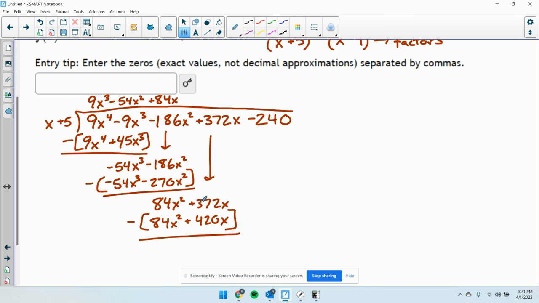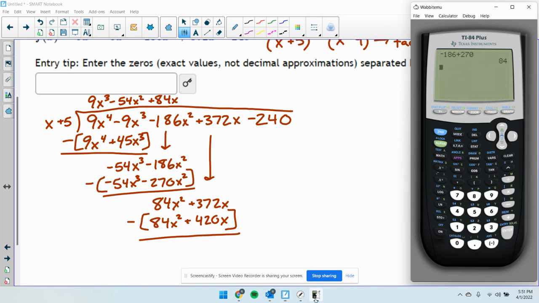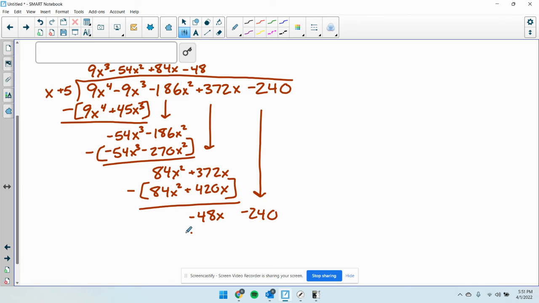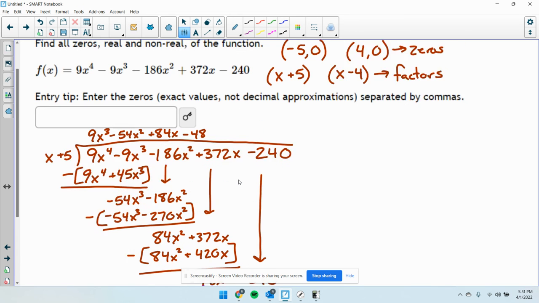They cross out. 372 minus 420. Negative 48x. Bring down this last guy. Negative 240. x times what gives me negative 48x? It's negative 48. And so I get negative 48x. 5 times negative 48 is negative 240. Oh, that's wonderful. So we have no remainder.